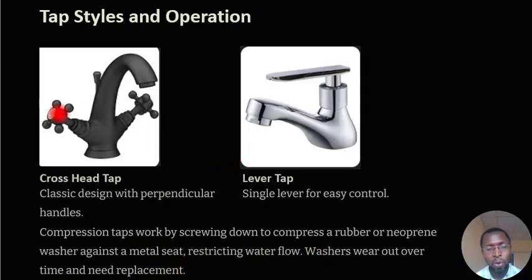So as you begin to turn this cross-head lever, what happens there is that you begin to compress the rubber inside the tap, which we call the washer, and this goes against the metal seat that eventually stops the water from flowing. Although this washer inside the tap gradually wears out, and with time it will need to be replaced.